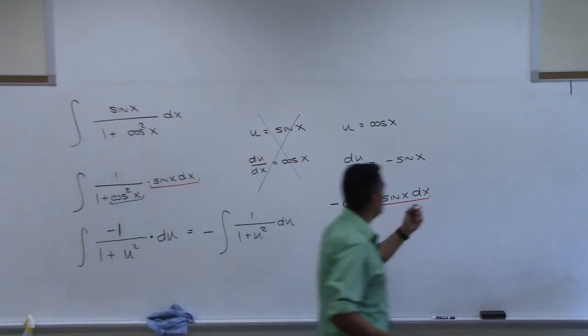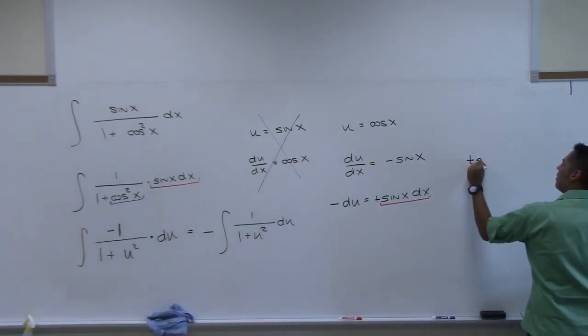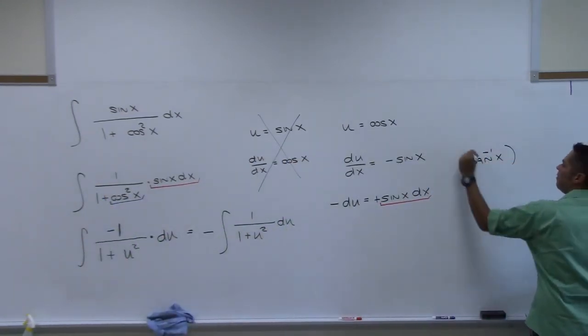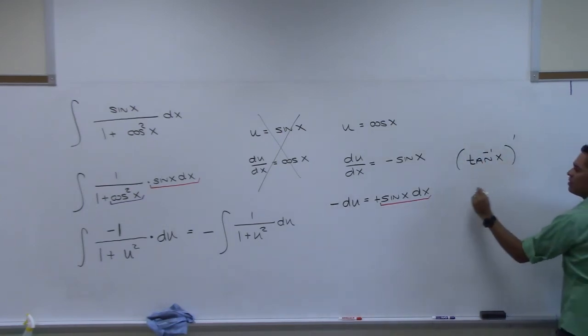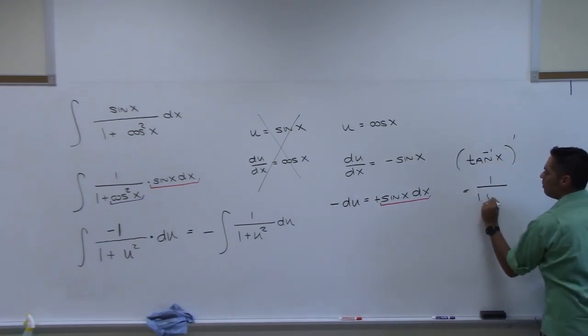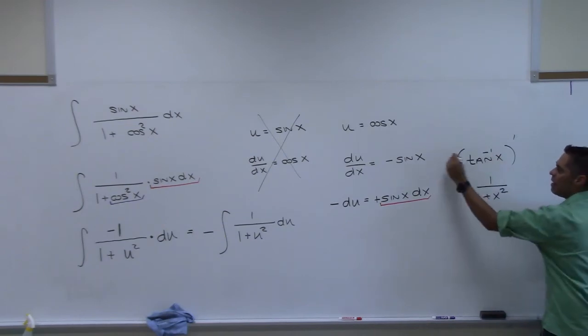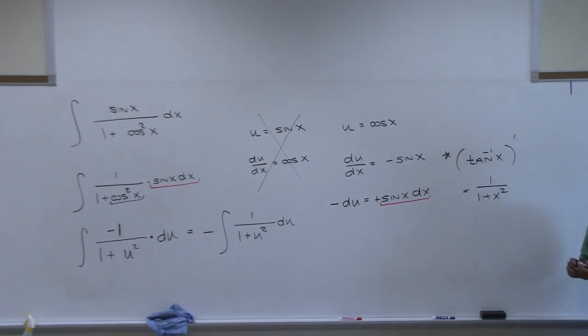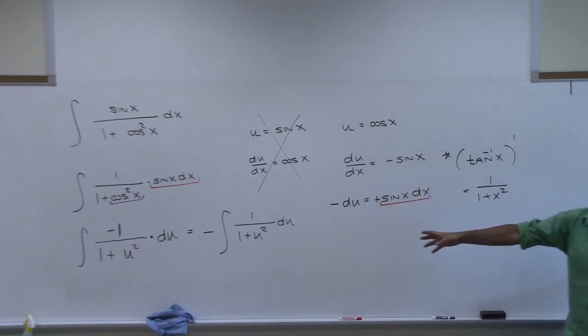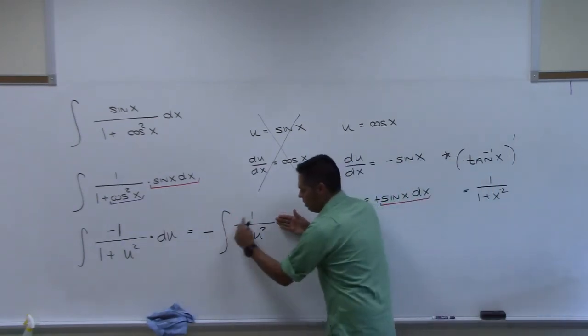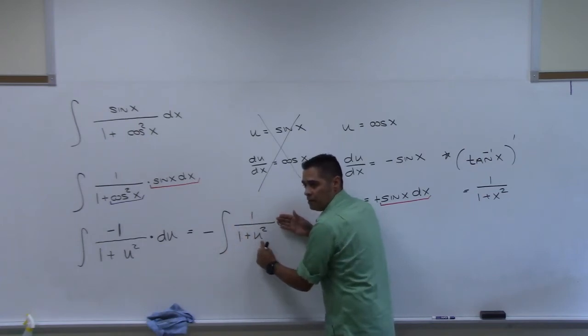So let me remind you. If I ask you right now to take the derivative of the inverse tangent function, this is 1 over 1 plus x squared. And when we covered that, I put a star next to it. I said, remember that, it's coming up, it's going to be back. It will be popping up in Cal 2 all the time. So here it is. Do y'all see it? We have in here 1 over 1 plus u squared.